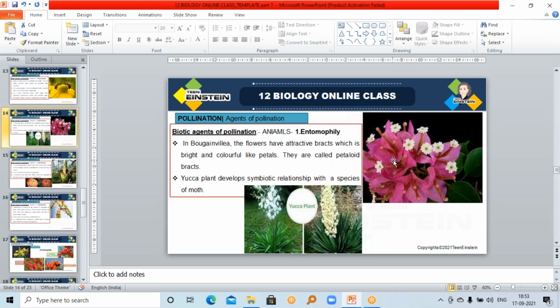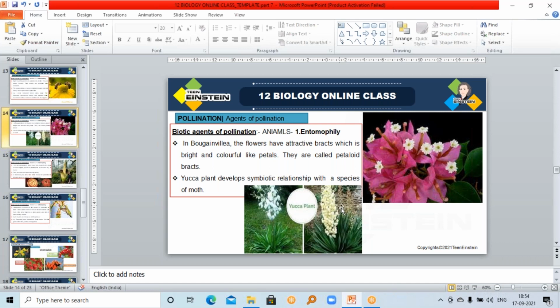So the bract is attached to the flower in the case of bougainvillea. It looks like a petal, so it is called petaloid bracts, bracts which look like a petal. These are colorful bracts having a petal-like appearance.